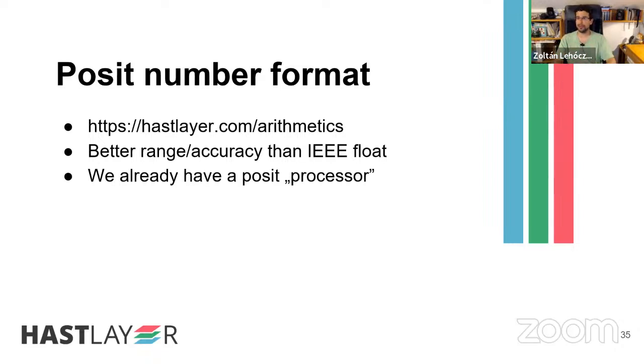The advantage here is that it can have both a better range and a better accuracy than the floating point numbers you usually have in .NET, with the same amount of bits or even sometimes fewer bits. And that's also Hastlayer compatible. So you also have kind of a POSIT processor now.